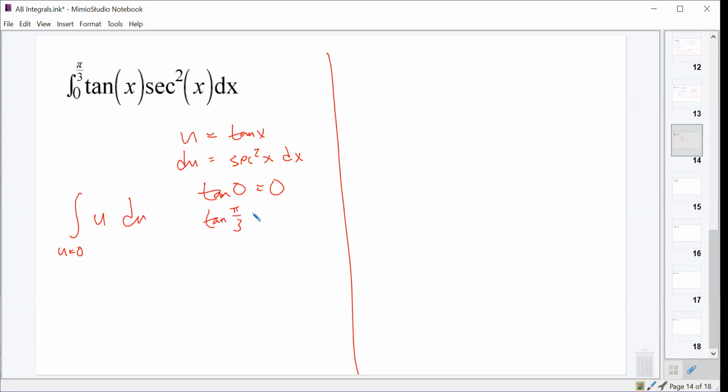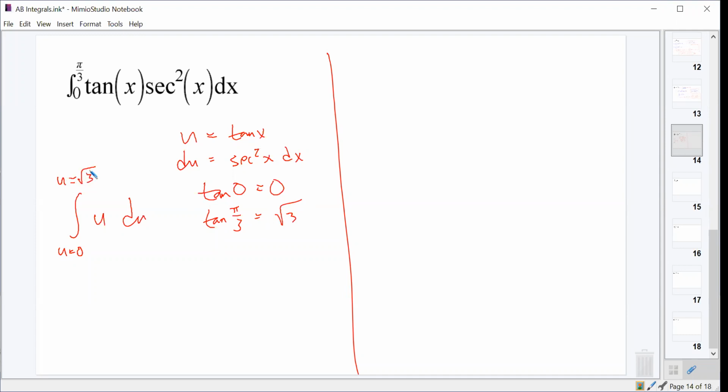What's the tangent of pi over 3? Root 3. You should all have all of those memorized, all of the unit circle values.